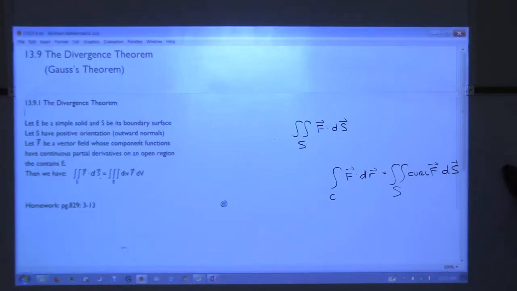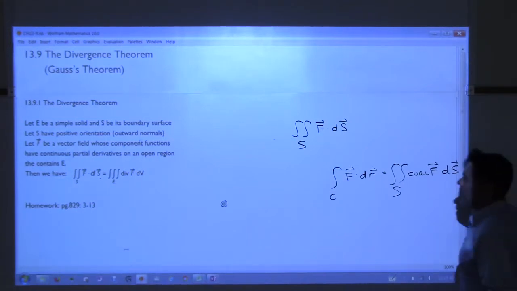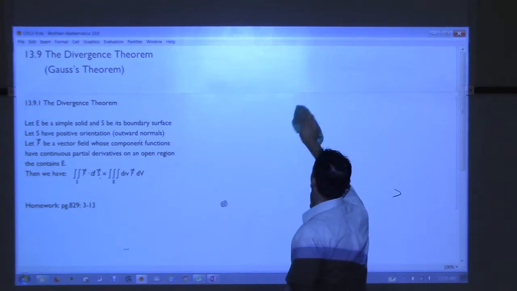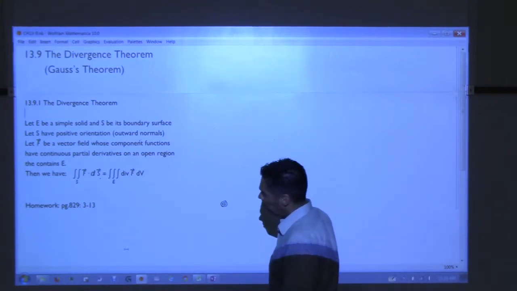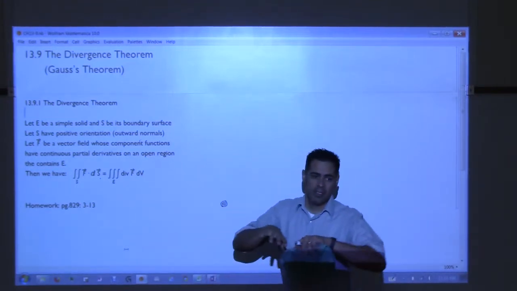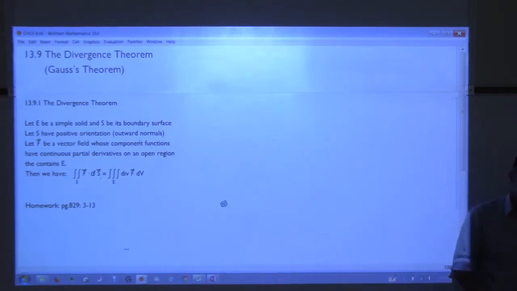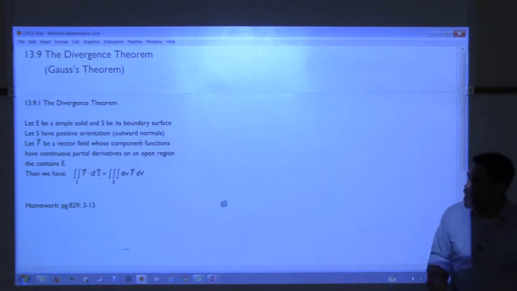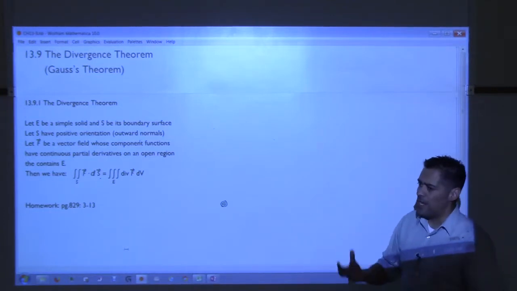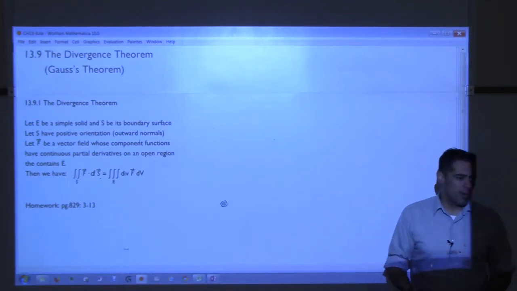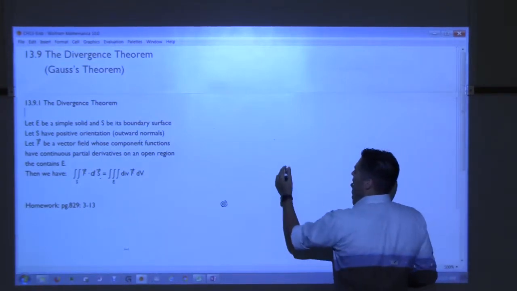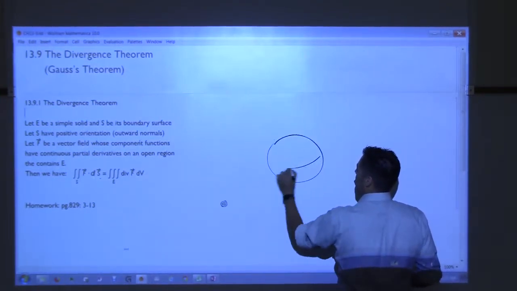Okay, so there's the theorem. I printed it for you. It says that if you have a surface that is closed, and this is the important thing, you have to have a closed surface. That closed surface will enclose a solid, and that solid we call E. Take a very simple example of a surface, a sphere.